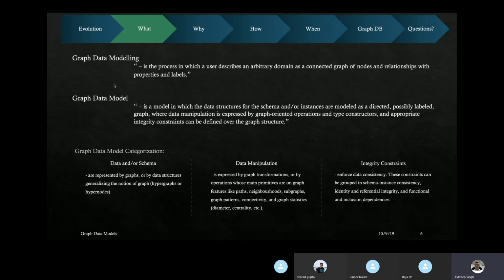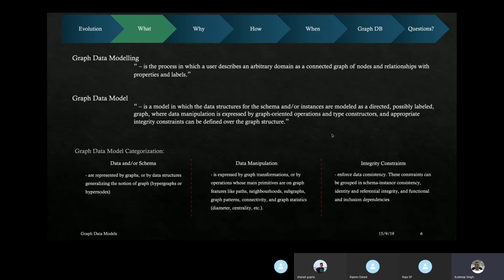Let's look at a more technical, more detailed definition, which says: a model in which a data structure or the schema or instance can be modeled as a directed, possibly labeled graph, where data manipulation is expressed by graph-oriented operations.